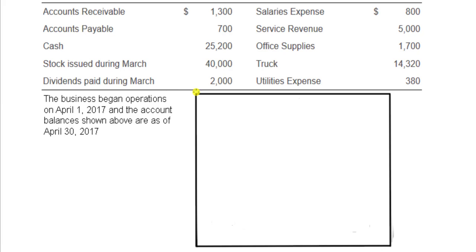Okay, so this doesn't apply for our current situation here, because we're saying the business began operations in April. But let's say, for example, you started your business in January of 2017.